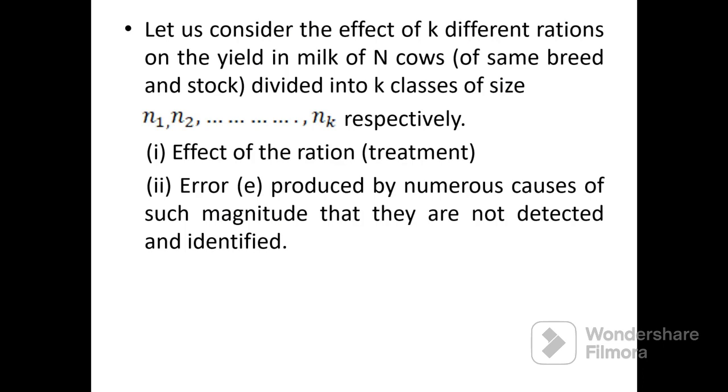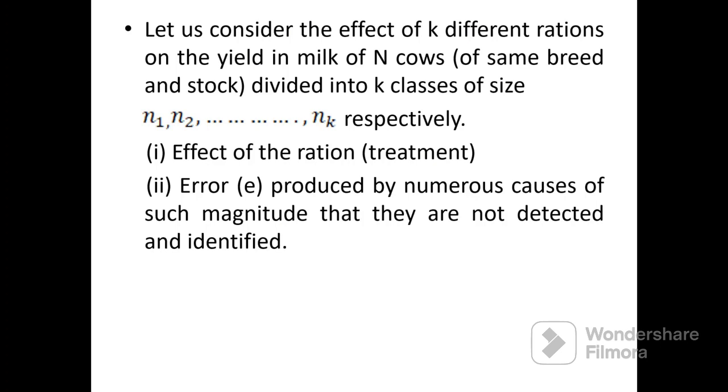So with K defined rations, the 100 cows have been divided into K defined groups. If we consider K as 10, then 10 defined rations have been applied to these 100 cows, so 10 classes, or small k, will be considered here.